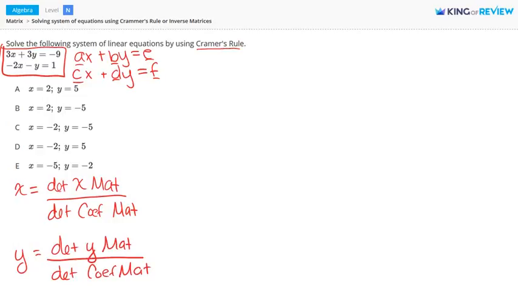Now we need to find out what these determinants are, and in order to do that, we need to set up these matrices. So let's look at the coefficient matrix. According to Cramer's rule, we set it up as A, B, C, D. So these are the coefficients in front of the x and y terms.